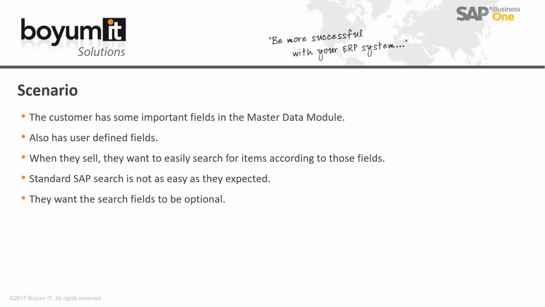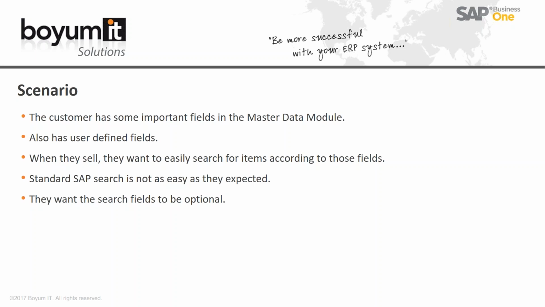For example, color, size, version, country, or something like that. This could be done in SAP standard fields that they take to add this information, or maybe they add some user-defined fields. And what happens?